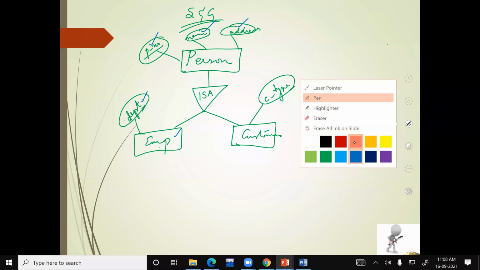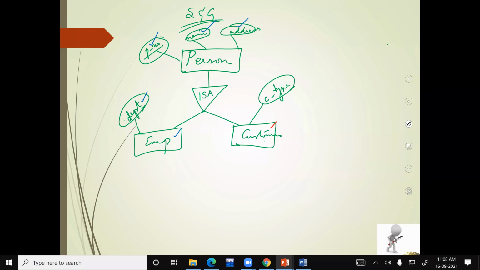The same way, a customer will have his unique attribute called customer type. Together with that, he will have a phone number, a name, and an address.